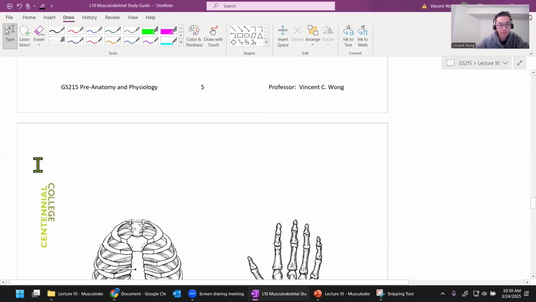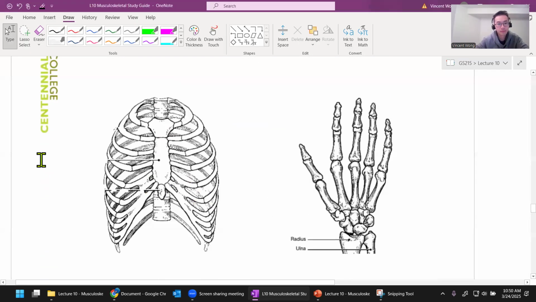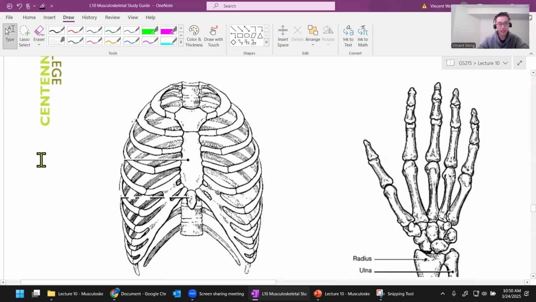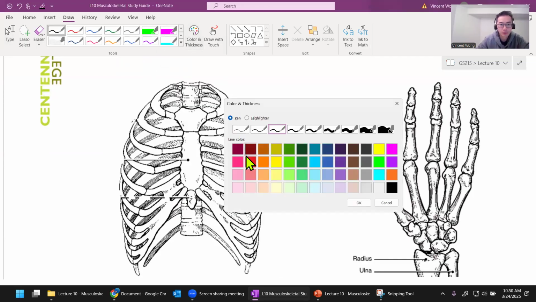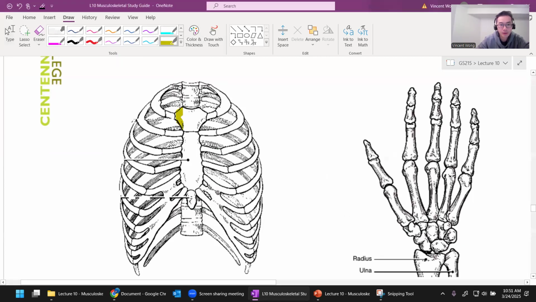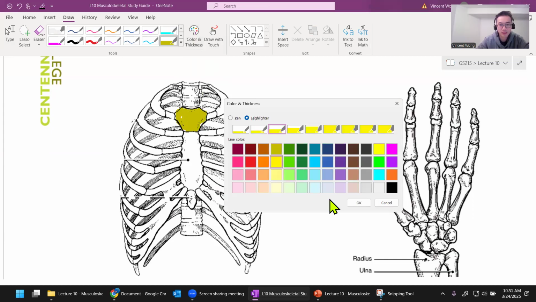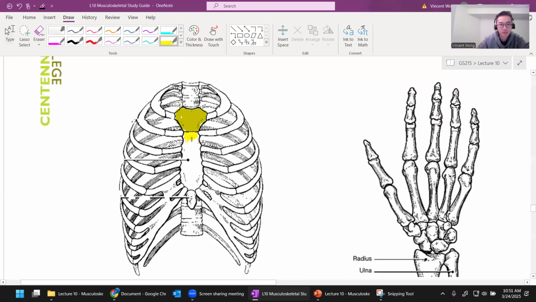Okay, moving on. This is the rib cage. And our rib cage at the center has this bone. I think it's called the chest bone, the regular name, if you would. There we go.